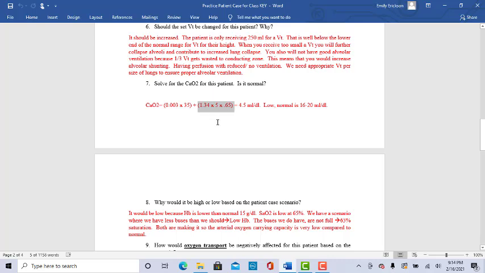So without doing any math or anything else, you can look at this hemoglobin of 5 and the saturation of 65% and just know right out the gate, no matter what, that probably the carrying capacity for the oxygen of this patient is going to be low. No buses, seats are not full. All right, so that is why it's low, very specific in this.